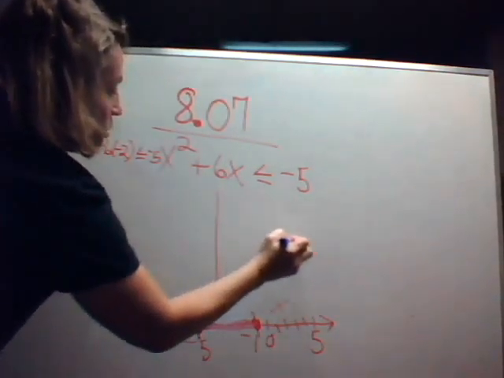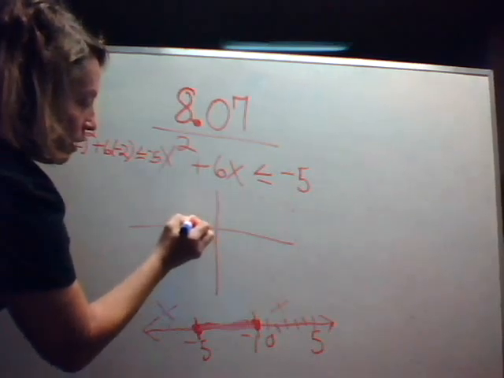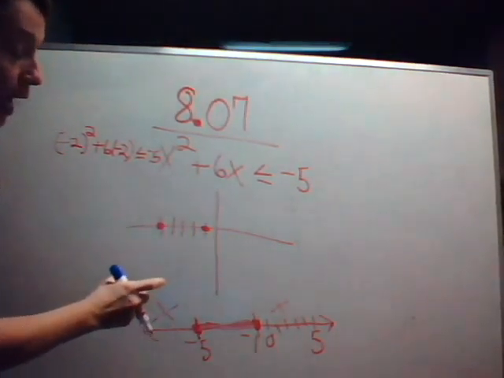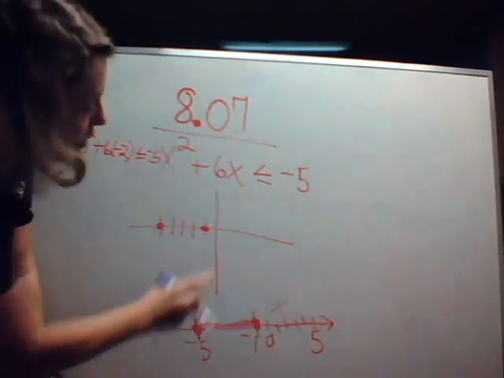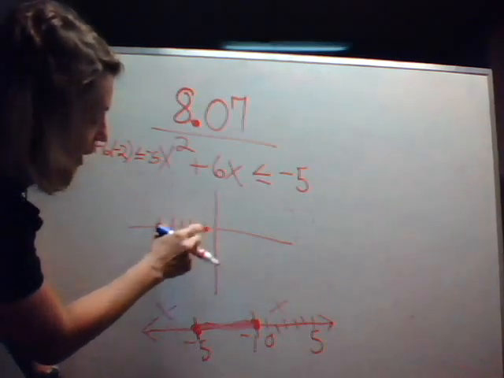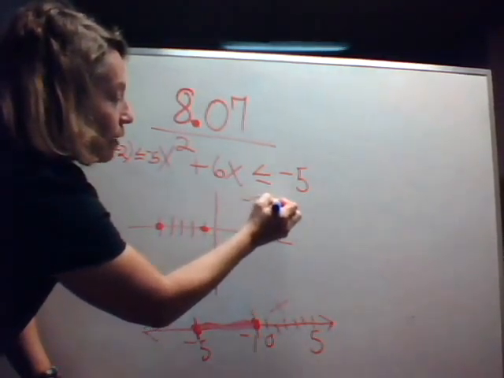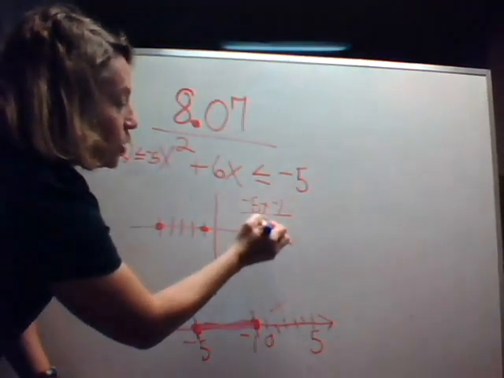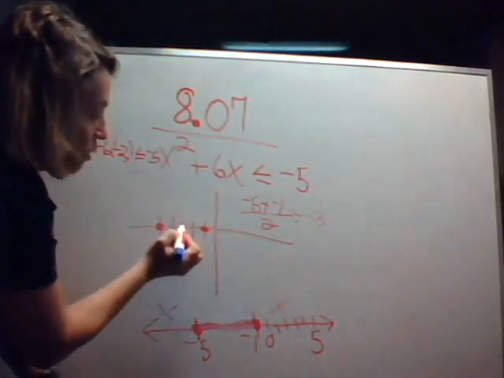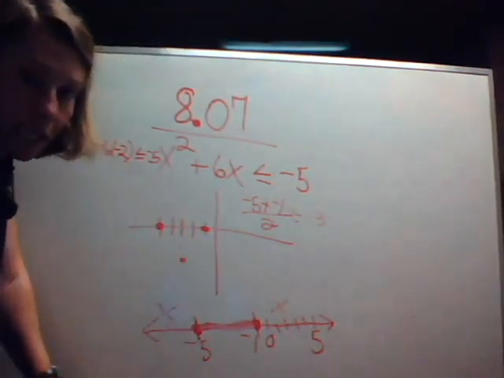Okay, so I know I have roots at -1 and -5. I know that my vertex is halfway between the roots. Remember that? I can take the roots, -5 plus -1 divided by 2. That's -6 divided by 2, which is -3. So at -3, I'm going to have my vertex down there.